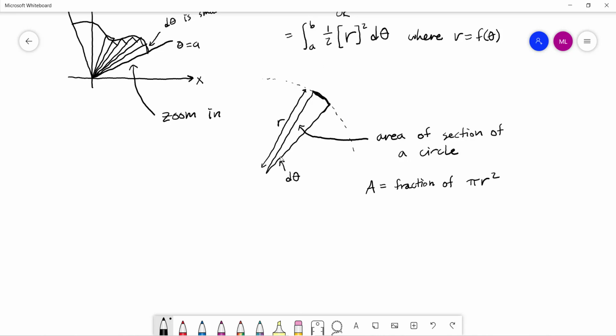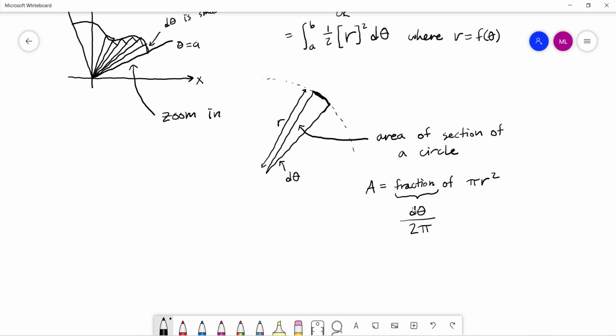But what is the fraction? If we're only doing a little tiny d theta for our angle, what fraction is that of the whole circle? Well, what's the total angle to go around an entire circle? It's 2 pi. So our fraction is a tiny little bit of d theta out of a total of 2 pi.